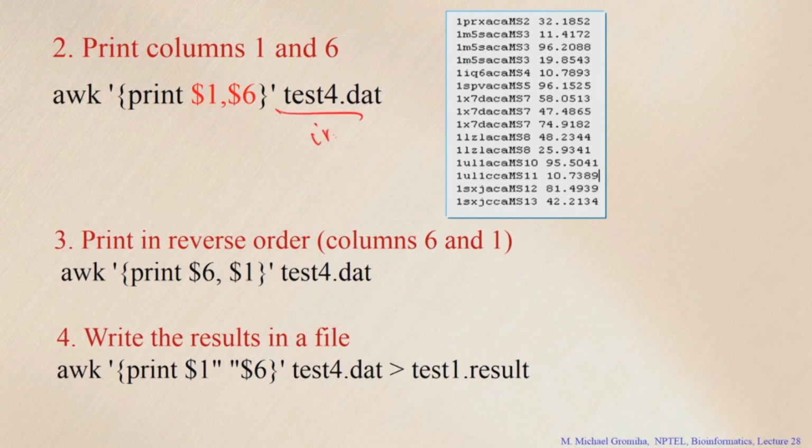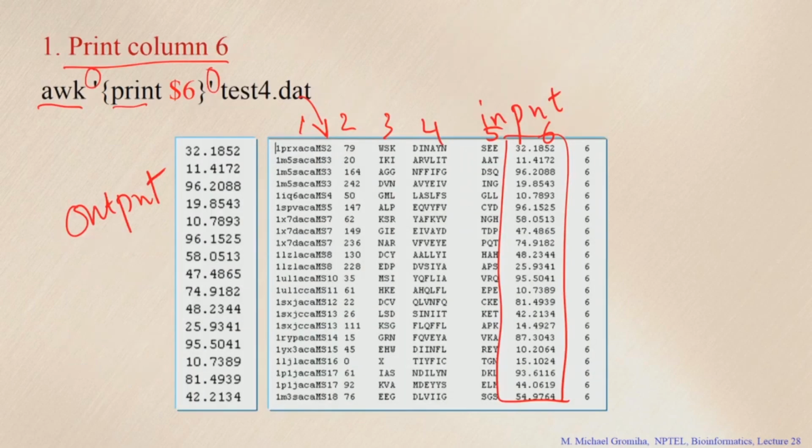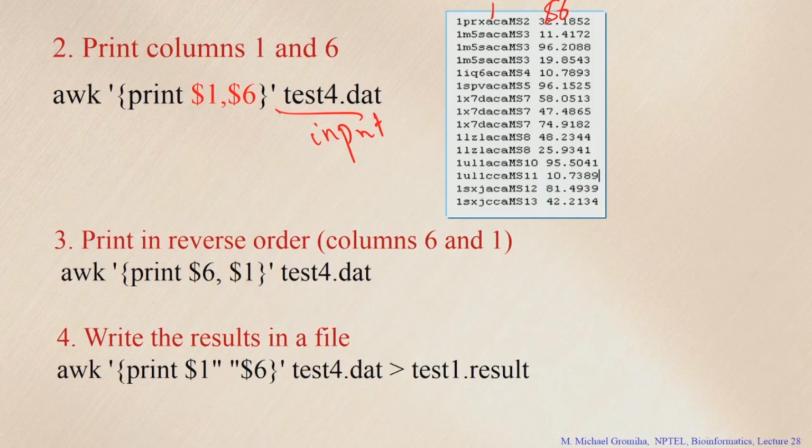Then you will see the first column and the 6th column. If you look at the input file, this is 1, this is 6, and you get 1 and 6.